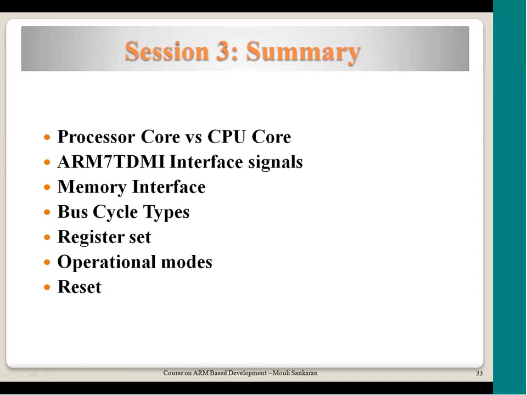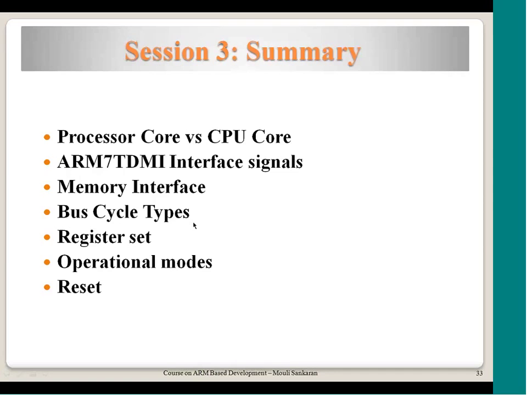In this section, we learned about what the processor core and CPU core are, and what the interface signals are. We talked about the multiple data buses available, the different signals available to interface with the memory, and the different transfer sizes possible. Then we talked about bus cycles, which can be sequential access, non-sequential access, internal cycle, or a coprocessor cycle.